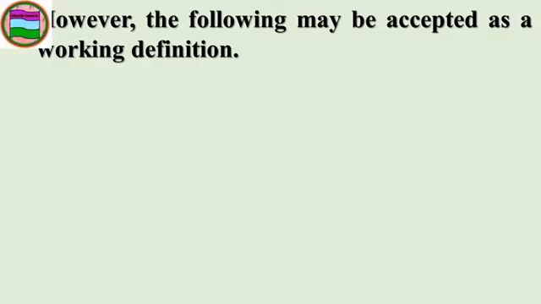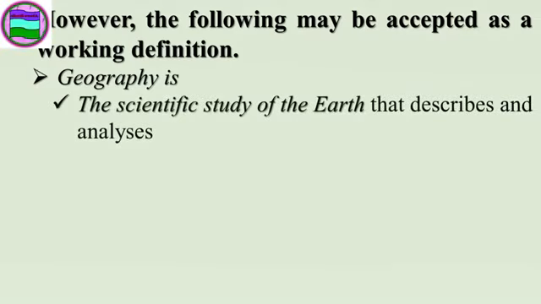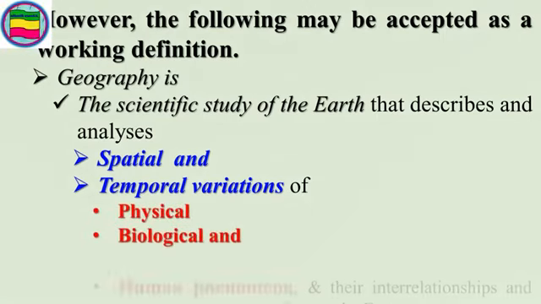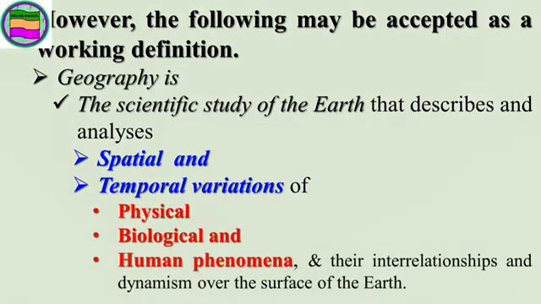We can say that geography is the scientific study of the earth that describes and analyzes the spatial and temporal variation of physical, biological, and human phenomena and their interrelationships and dynamism over the surface of the earth. So geography is defined based on spatio-temporal variation or dimension.